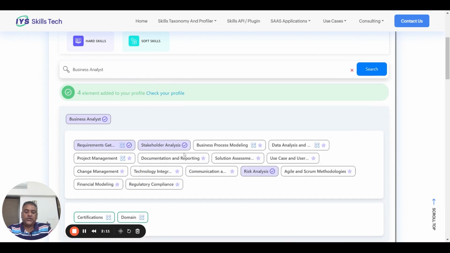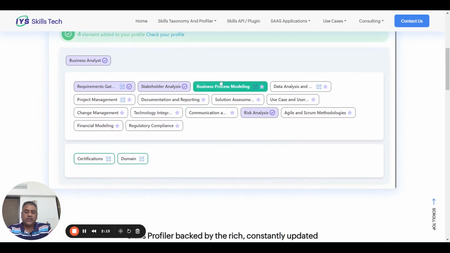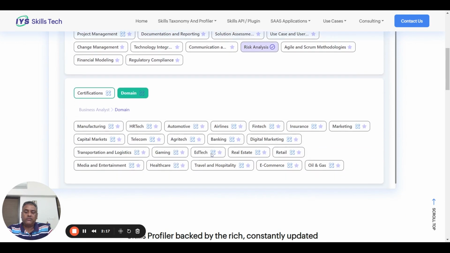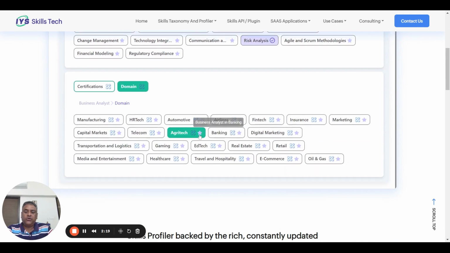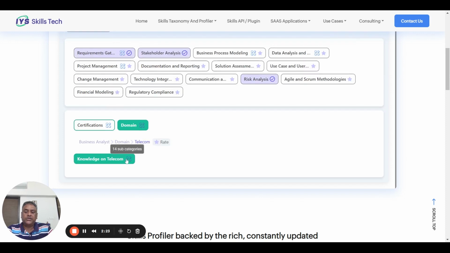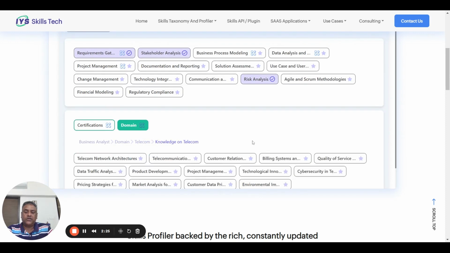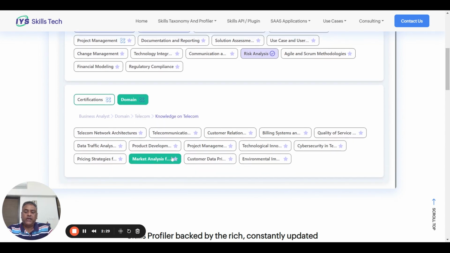Now, one can actually then indicate the various skills within the hard skills. As we see here, we also have the domain. Maybe we want to understand which domain the person has applied the knowledge related to business analyst or the experience related to business analyst. Like in the other case, we have the various knowledge related to the particular domain.